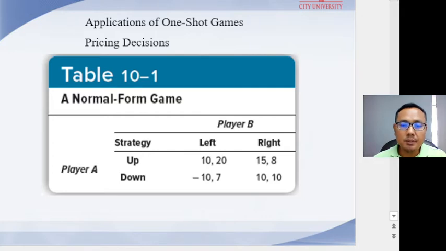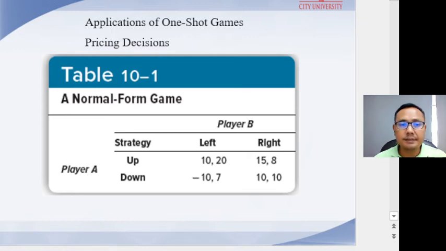Before we look at specific applications of simultaneous move one shot games, let us examine the general theory used to analyze such decisions. We begin with two definitions.